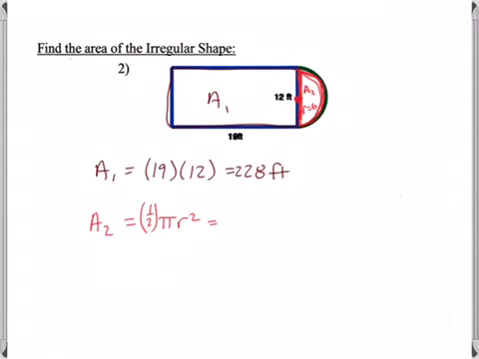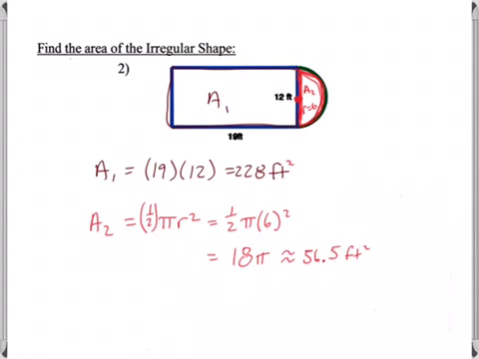We've got 1/2 pi times 6 squared. Well, 6 squared is 36, and half of 36 is 18. So we've got 18 pi, which when you multiply this out gives us right around 56.5 feet squared.